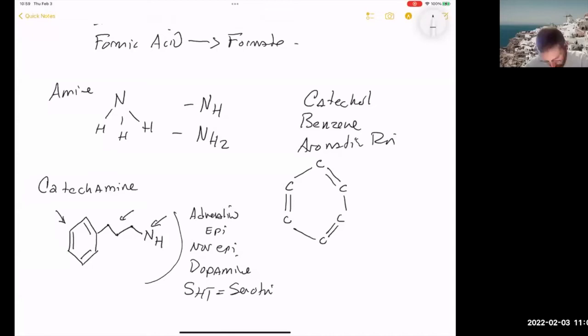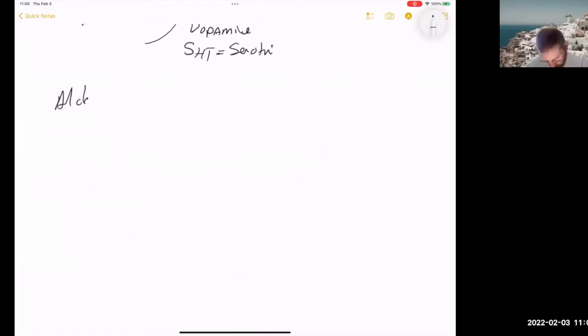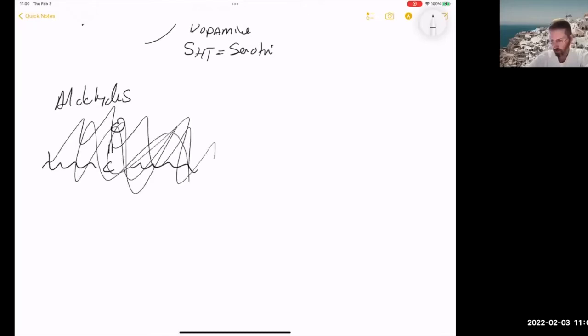A couple more: you have aldehydes. So you have some molecule here, carbons, hydrogens, and then you have a carbon double bonded to an oxygen, ending with a hydrogen there. That's an aldehyde.